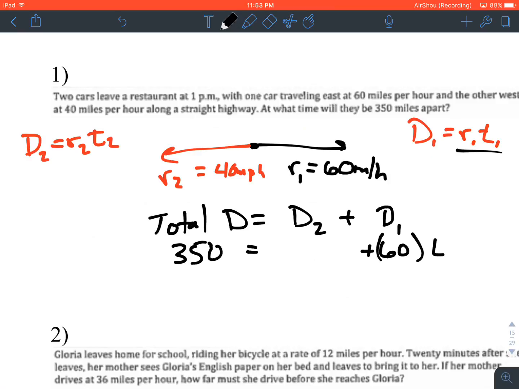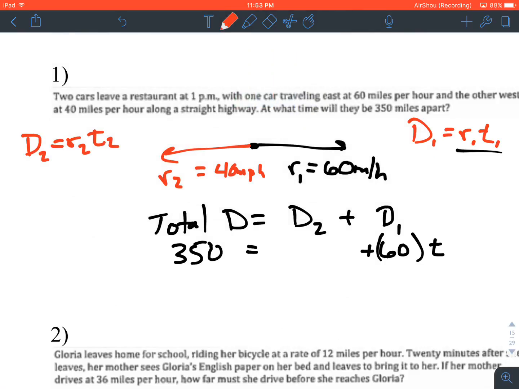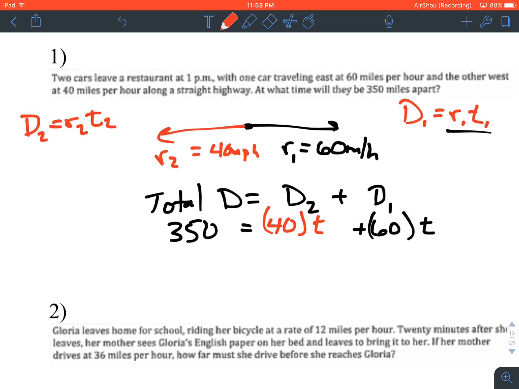We don't know the time. Distance 2 is the rate, which we know is 40. We don't know the time. Now those times must be the same, because they're both leaving the restaurant at the same time. How long will it be until they are 350 miles apart? So the times have to be the same. You combine like terms, and then divide both sides by 100.